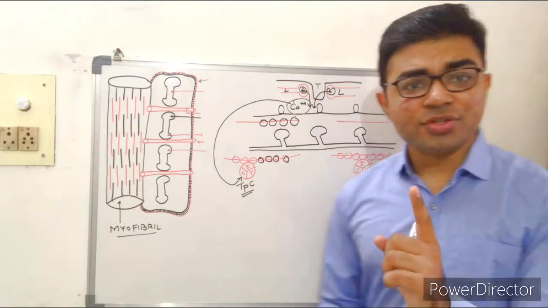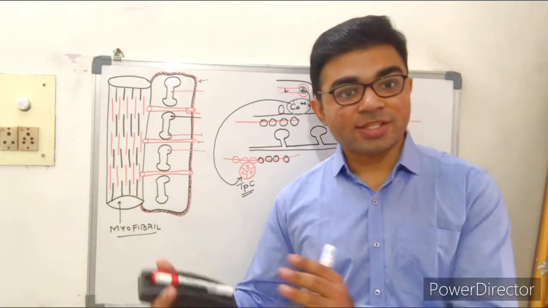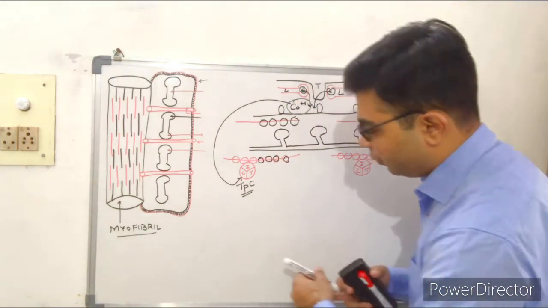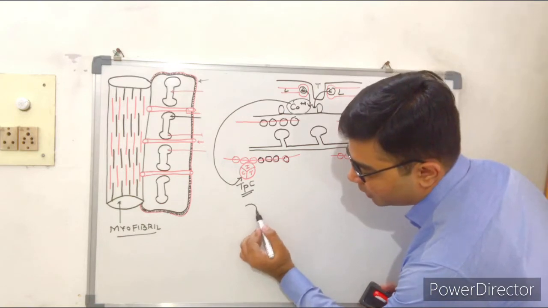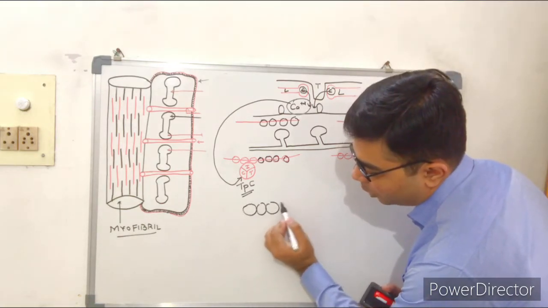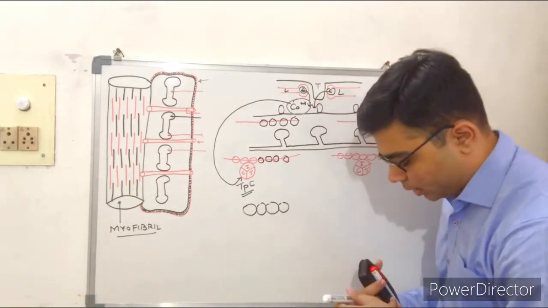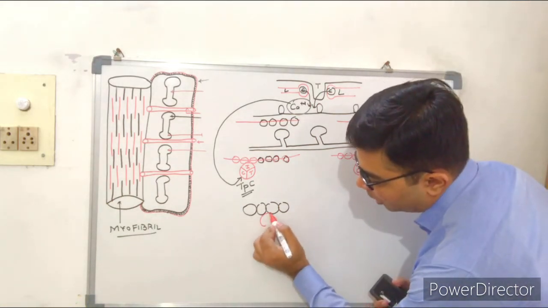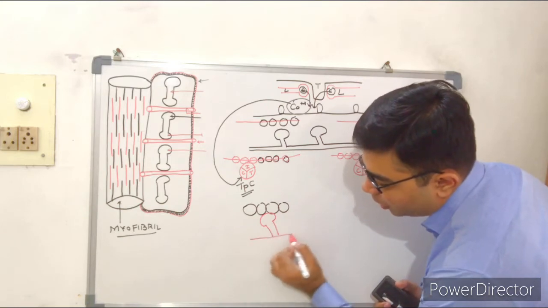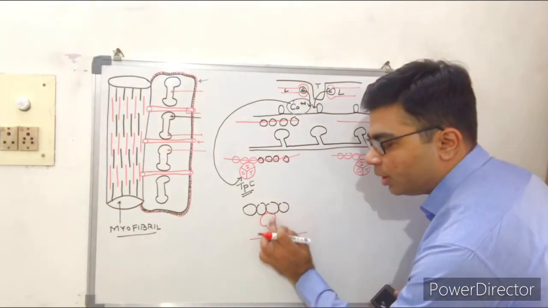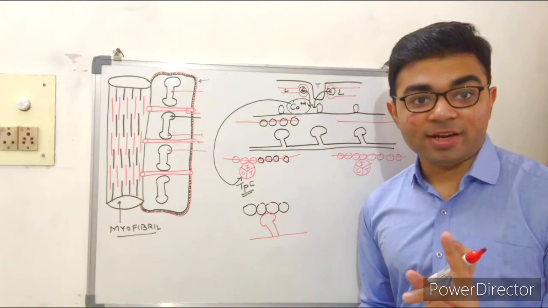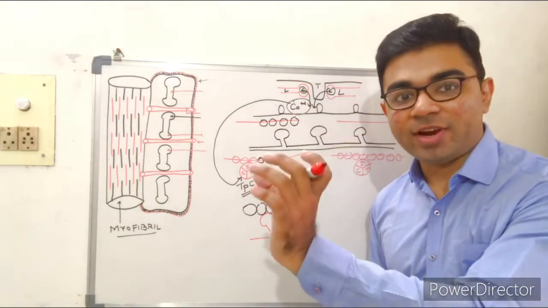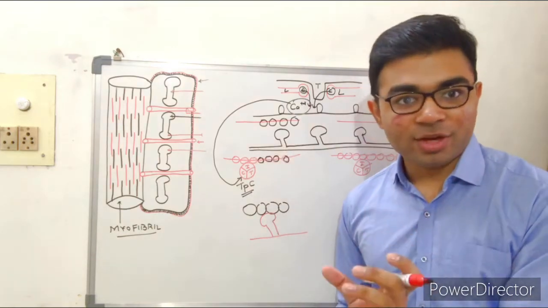But this process actually happens stage-wise. So let me explain what is happening. This is the polymer of F-actin and this is the myosin head. The myosin head first binds with the active site of the F-actin. Remember, myosin also has an active site to bind with the F-actin, and F-actin has a site to bind with the myosin head.